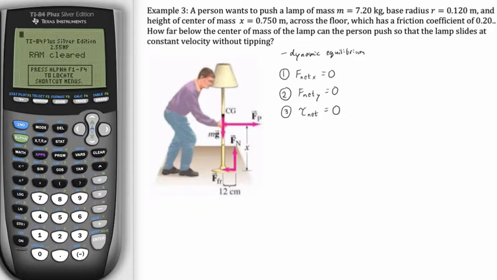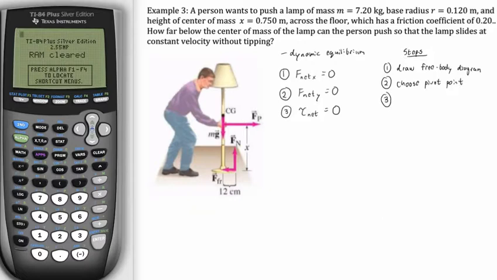If we look over here at our steps, we're going to draw our free body diagram, which is already done for us in the picture. We're going to choose our pivot, the pivot point about which we're going to calculate all of our torques.